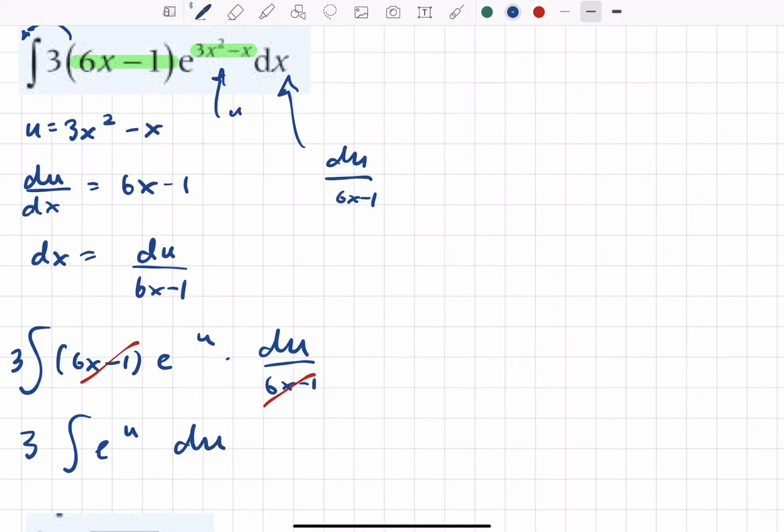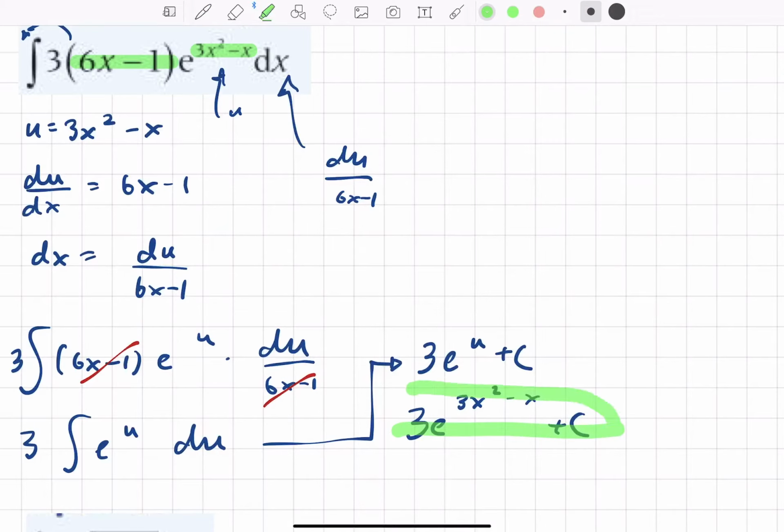We're just really left with e^u du. And we know that the integral of e^u is e^u because the derivative of e^u is also e^u. So we have 3e^u plus c as our new answer, but we have to substitute back for u. So we have 3e to the 3x squared minus x plus c as our answer. Oh, sorry, minus x.